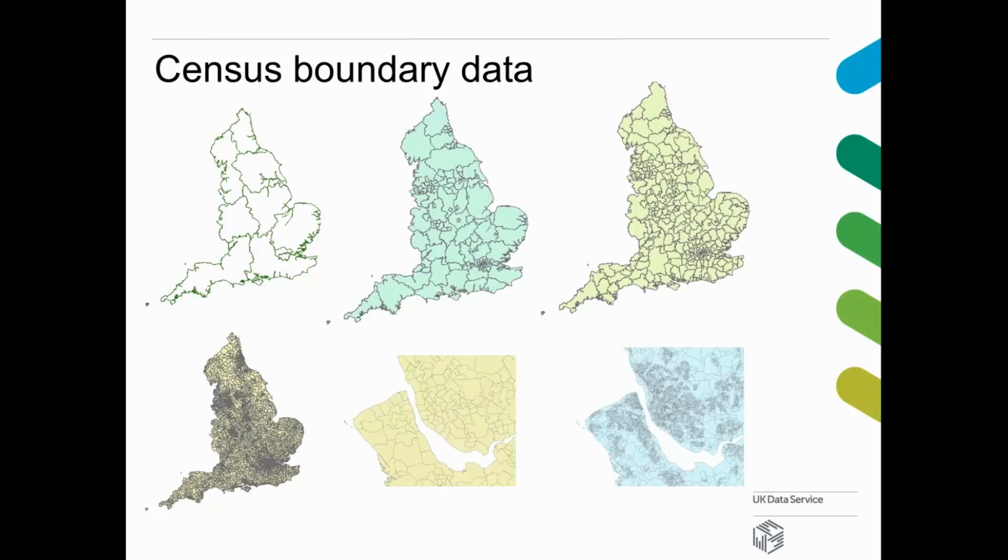And then as you move across the screen, you can see the geographical areas get smaller and smaller until we get to the final one in the bottom right-hand corner, which is the super output areas. And this particular example is the Wirral. And these geographies are available in a wide range of GIS formats.